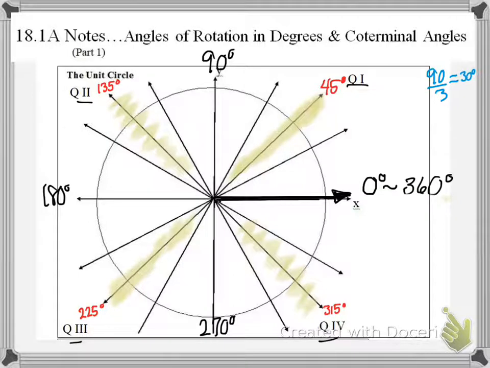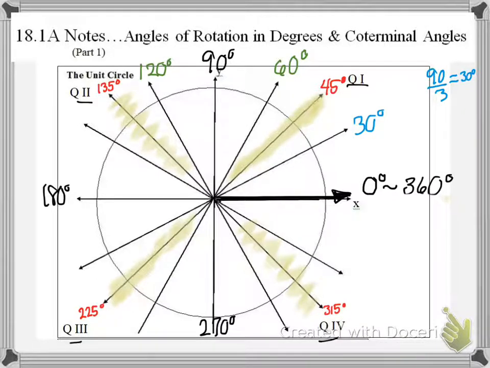So 0 plus 30 is definitely 30 degrees. And if I do plus 30 again, I'll get to 60 degrees. And plus 30 again takes me to this 90 that I already know. And plus 30 again takes me to 120 degrees.